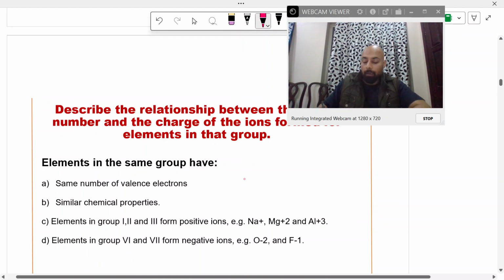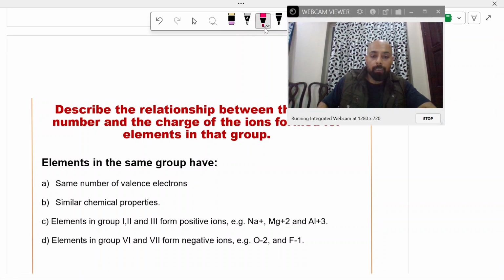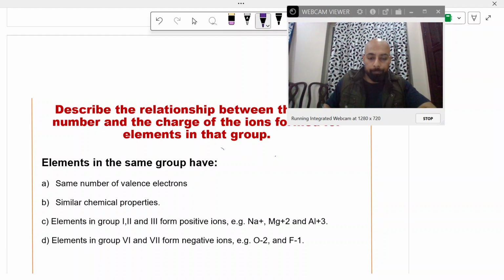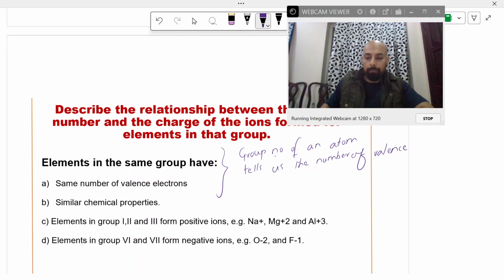First of all, just jot down this general trend. The group number of an atom tells us the number of valence electrons.